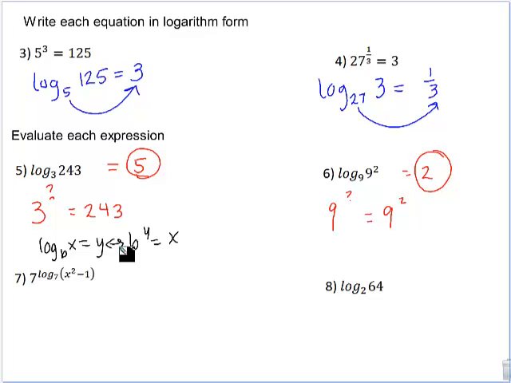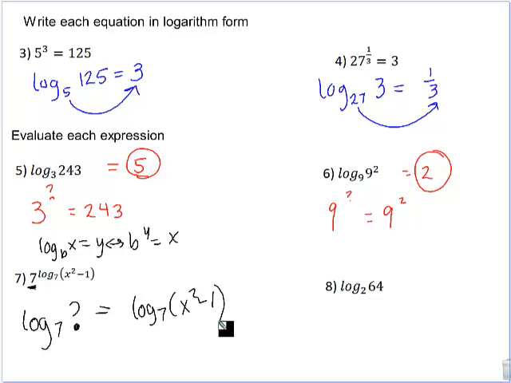So if I have 7 to the log base 7 of x squared minus 1, this has a combination of exponents and logarithms. But right now the main number here is that 7, which is an exponent. So we're going to try to rewrite this as a log. So I would have log base 7 of something, that's what we want to find out, equal to the exponent, log base 7 of x squared minus 1. So we just took that idea and rewrote it.